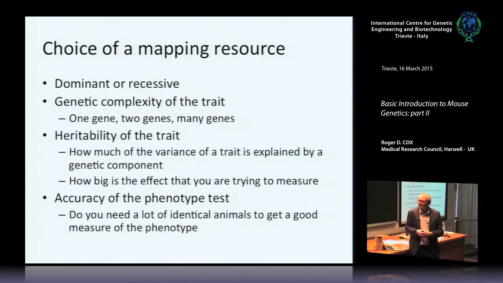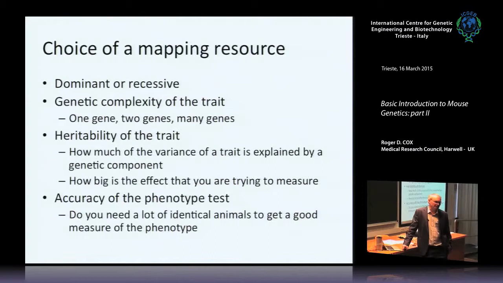It's going to be a complex trait. And your choice of mapping resource and the sizes of the cohorts that you're going to generate is also influenced by the size of the effect that you're trying to measure and how much variance is explained by the genetics.